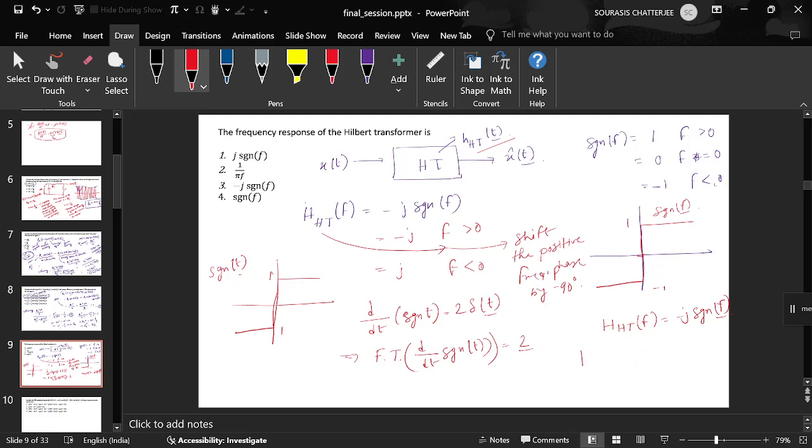And we know from the duality property, if x(t) has Fourier transform X(f), capital X(t) will have Fourier transform of x of minus f. So how do we employ that to obtain the impulse response?